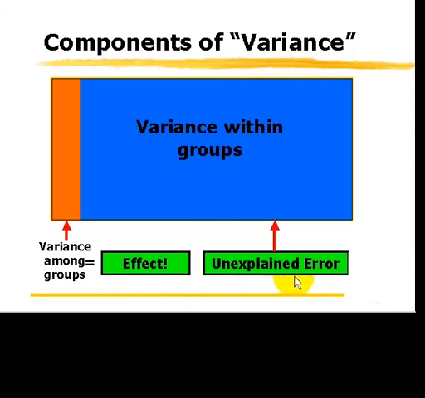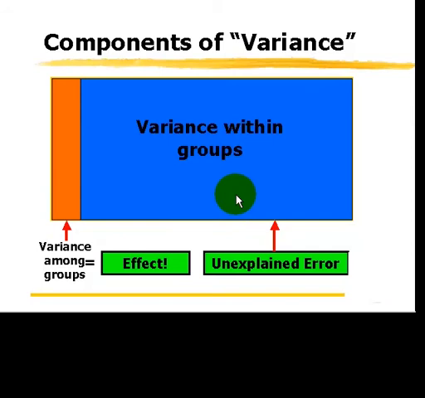The unexplained error is sort of the confusion, the things that are unexplainable. And when this is large compared to this, that means there is very little explained by the treatment. When this is larger, the treatment explains more.